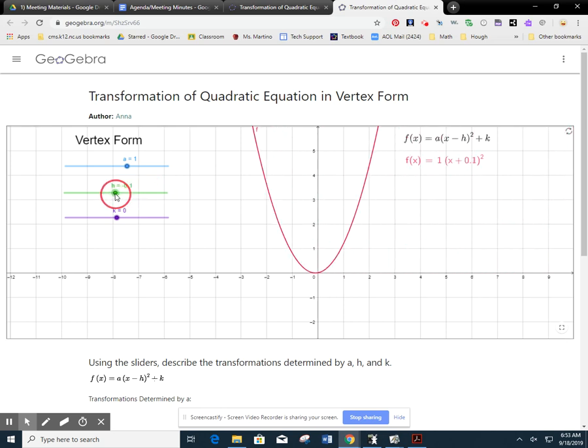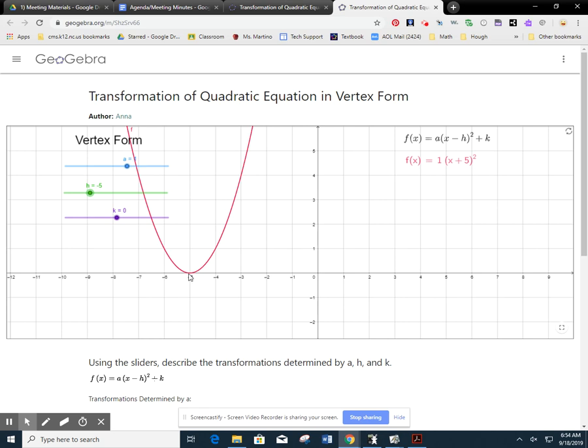Let's go back to 0. And now, if h is negative, we would move to the left. So if we stop at negative 5, think about what would happen here. We can see that starting at the origin, if we move left 5, we end up right here.